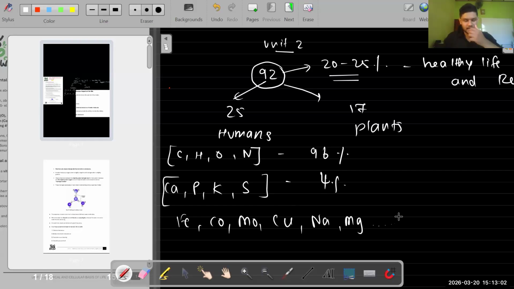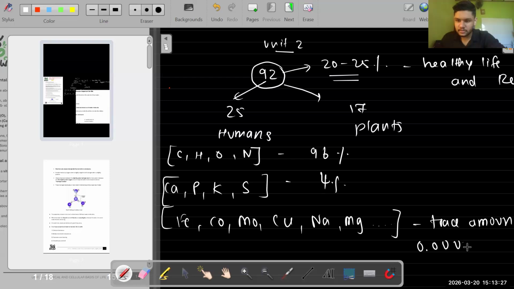Those elements contribute in trace amounts. You may ask, sir, almost 100% is completed here, so how can it be trace amounts? Here we are taking a whole number. A trace amount can be something like 0.000000001%. It is a very, very small amount.